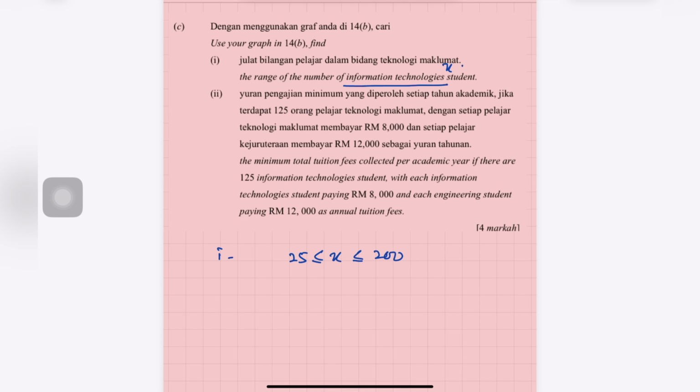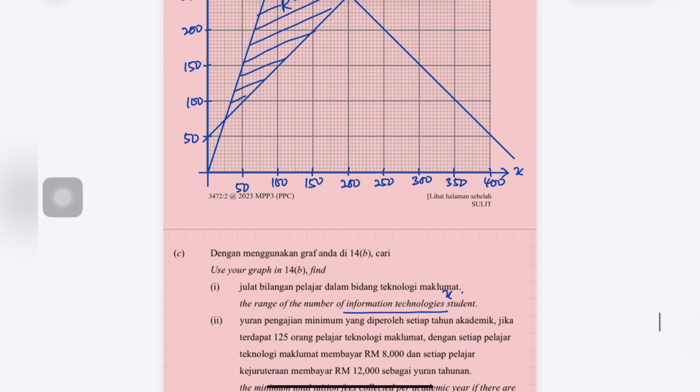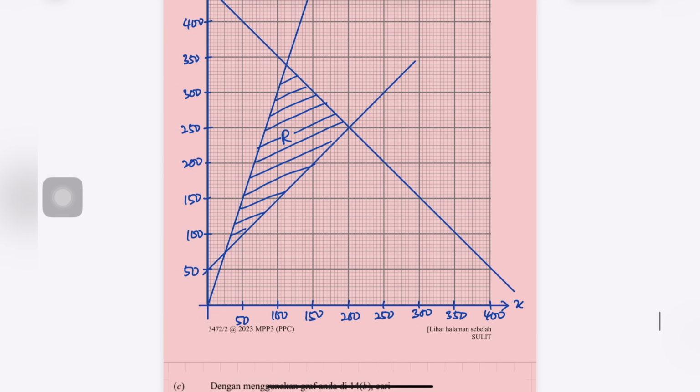Okay, so given here, X, the information technology student, X equals 125. So here we have to construct the straight line, X equals 125. Then you find the maximum and minimum value. The maximum is 325 and the minimum is 175.